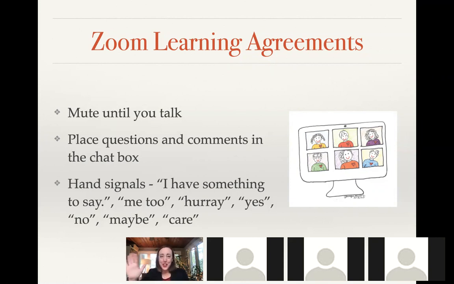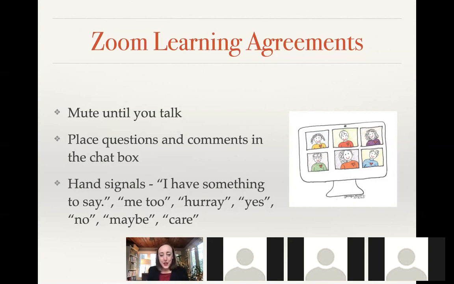If you know the raise your hand function, please do that. Feel free to ask questions throughout the session. You can certainly give input on the chat, ask questions on the chat, but I very much want this to be an interactive session. And I notice you all have your Zoom pros. You've already muted, so you know what you're doing in that department.